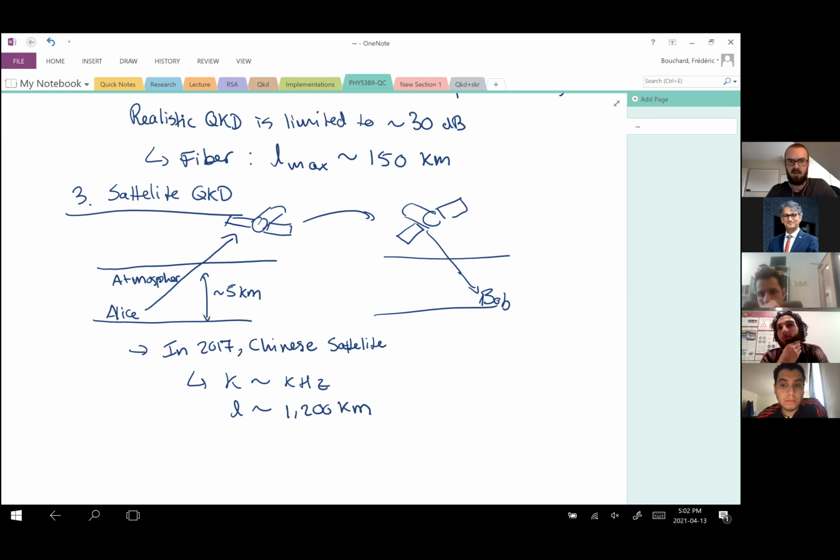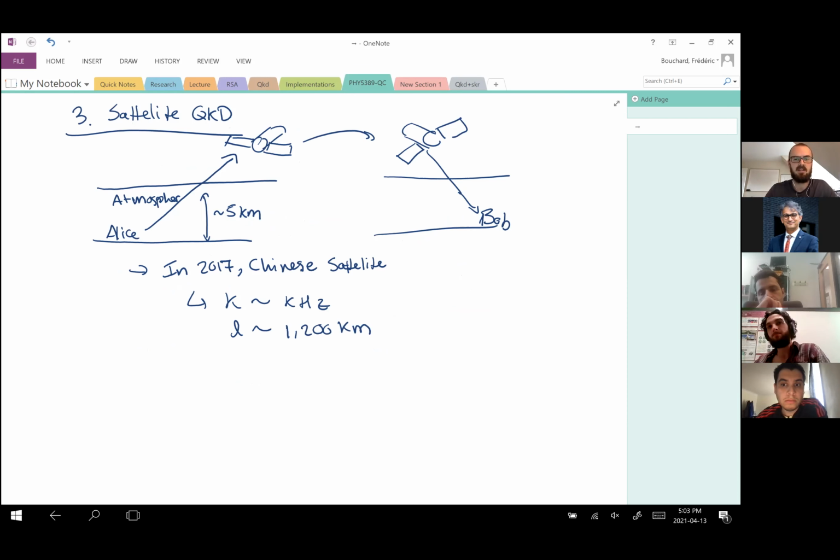So if we want to have a global quantum network where you have secure communication between different users on a global distance, definitely satellites will be a big part of that. So this is why there's a lot of interest. And by the way, there is a project in Canada to send a satellite up there, just slightly different from the Chinese satellite, but this is going right now.